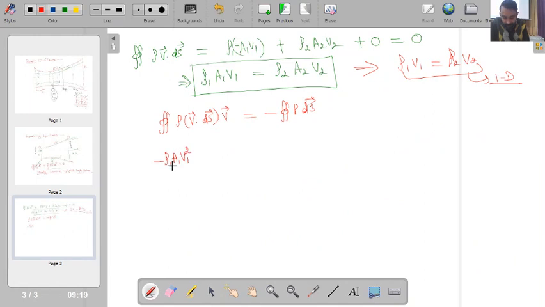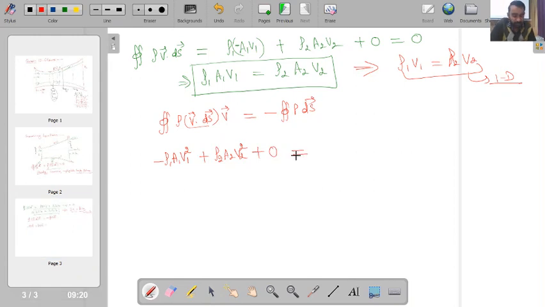So I can write rho 1 A1 V1 square plus rho 2 A2 V2 multiplied with V vector once again in positive direction, so V2 square. Is this point clear? And the V dot ds product for the other two control surfaces is 0, so I need not write that here.